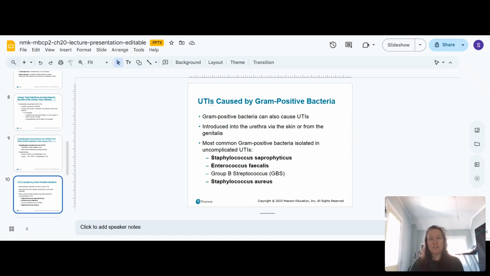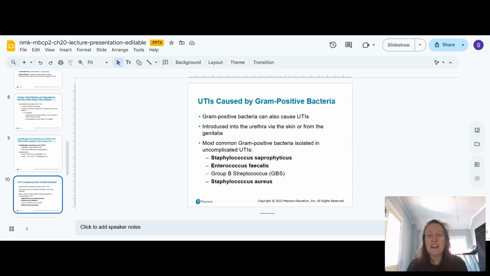Those aren't the only bacteria. The E. coli aren't the only bacteria that can cause UTIs. Gram-positive bacteria can also cause UTIs. And these can be introduced to the urethra from skin, genitalia. The most common gram-positive bacteria in UTIs are Staphylococcus saprophyticus, a staph species, and Enterococcus faecalis.